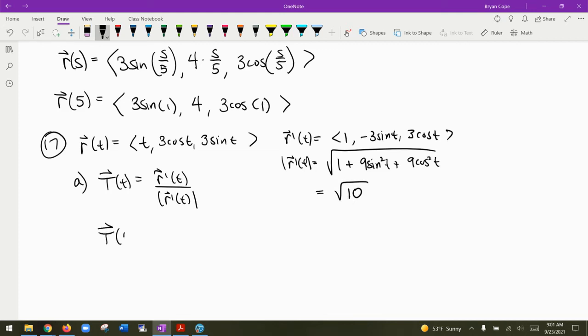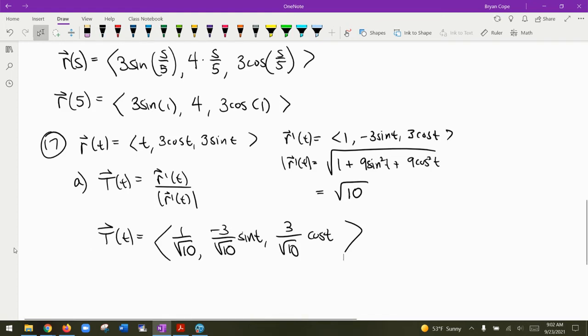Okay, so the unit tangent vector would be the vector 1 over root 10, negative 3 over root 10 sine t, and 3 over root 10 cosine t. That part's done. Okay, now B, use formula 9 to find the curvature.